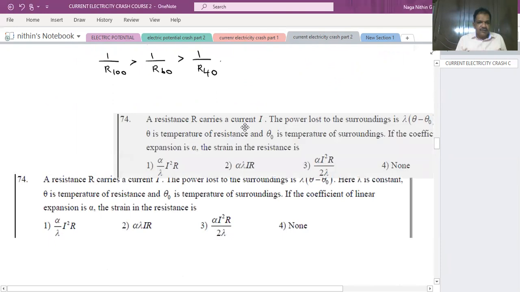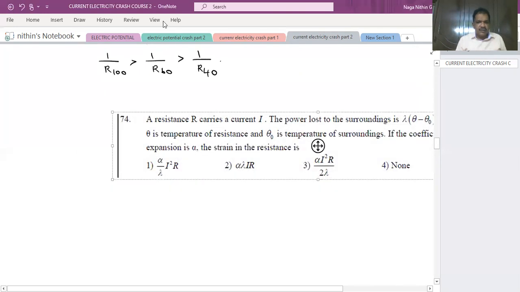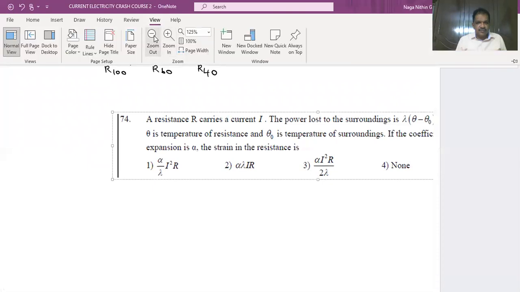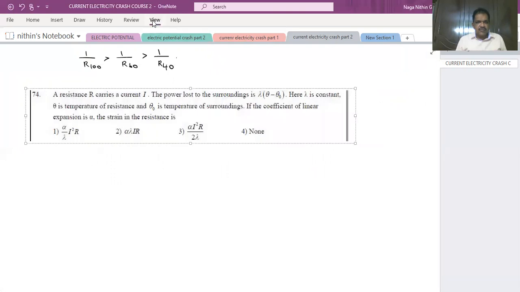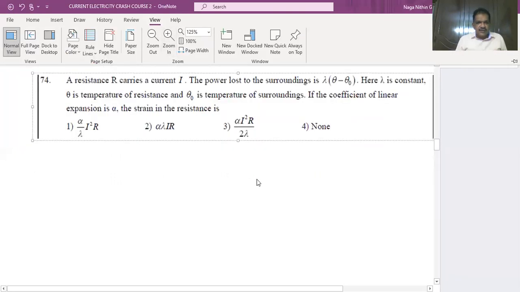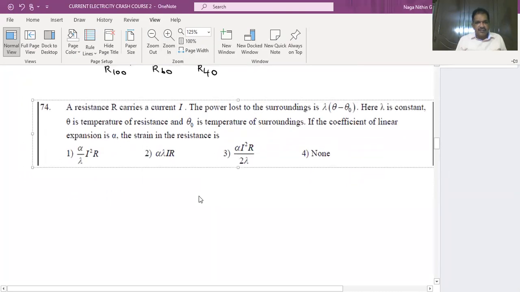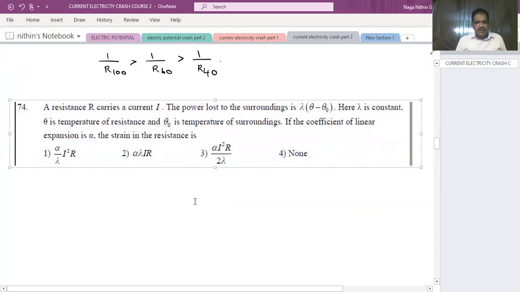See the 74. What are they asking me? A resistance carries a current I. Power loss due to the surroundings is lambda into theta minus theta naught. Lambda is a constant. Theta is the temperature of the resistance and theta naught is the temperature of the surroundings. Alpha is the coefficient of linear expansion. Find the strain produced.